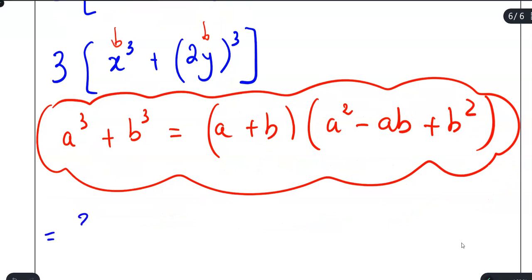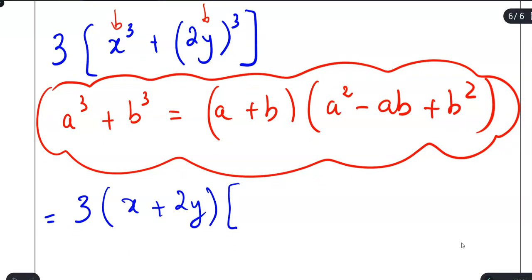So it will be 3 multiplied with (x plus 2y). Okay, and for this I should remember that it is x squared subtract 2 times x times y.